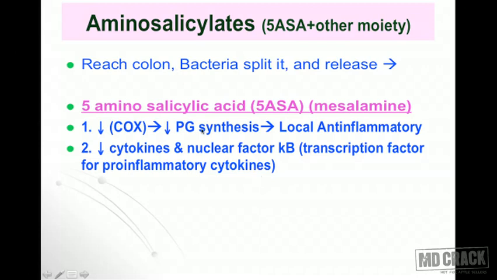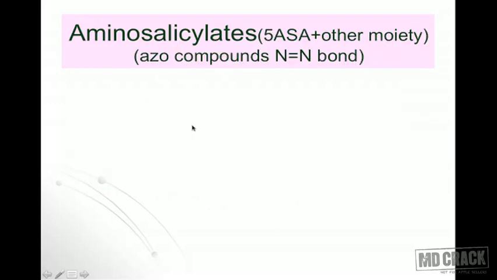Number one, inhibition of PG synthesis to produce local anti-inflammatory effect. And second, inhibiting the cytokine function and inhibiting the nuclear factor kB. The third mechanism is aminosalicylic acid inhibits the formation of the superoxide free radicals. So by these three mechanisms, aminosalicylic acid will work in ulcerative colitis.